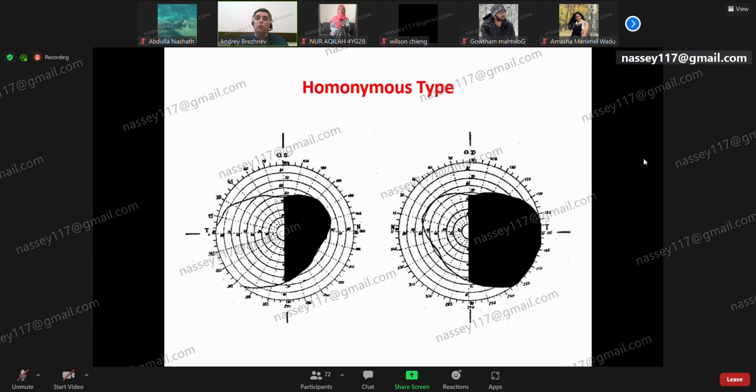Here you see one of the types of these homonymous hemianopic defects. This is homonymous because both right sides of the visual field are absent. So if you show this patient any object, your fingers or any other object in front of his eyes, from the left side, the patient will see it clearly.